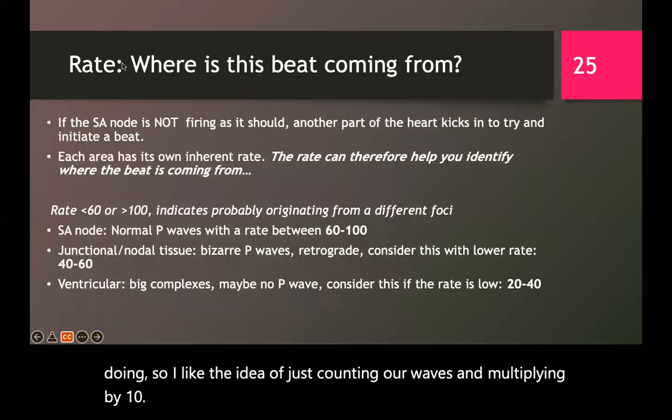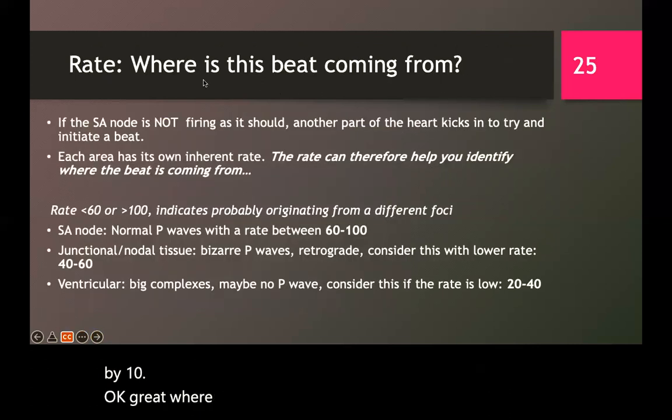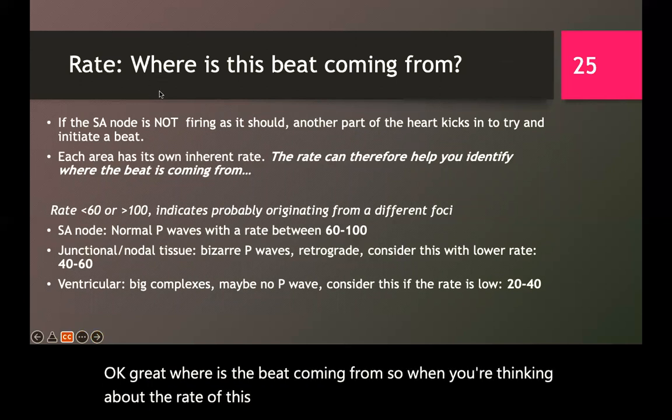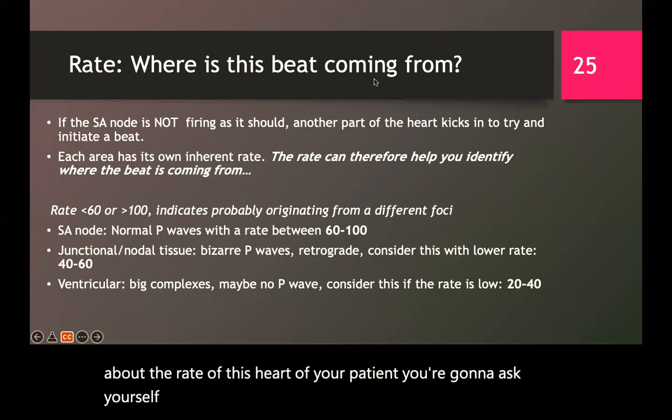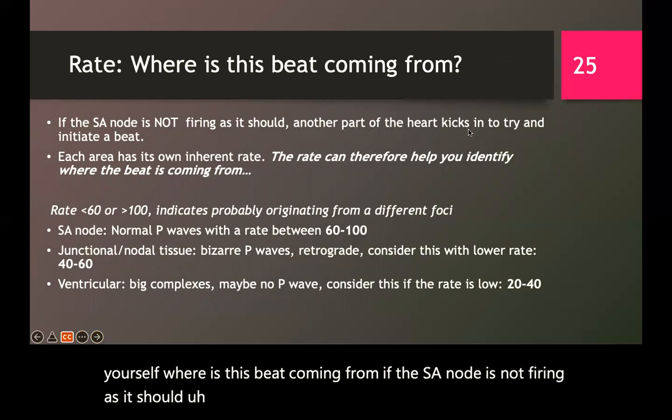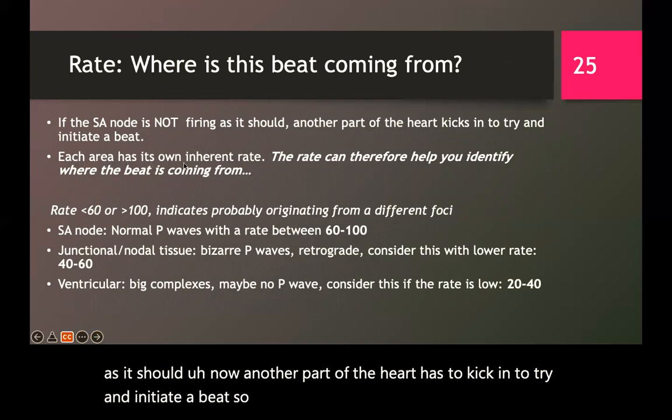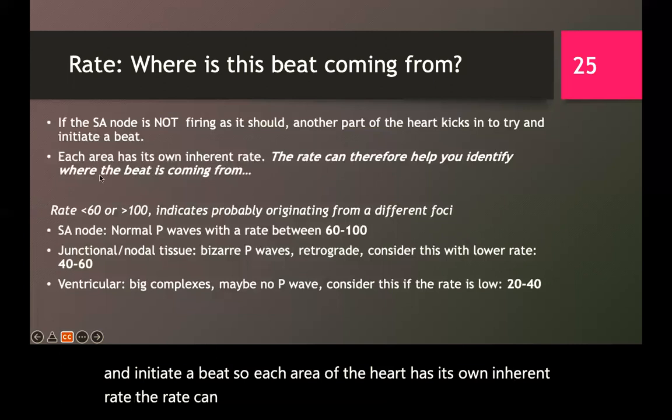Okay, rate. Where is the beat coming from? So when you're thinking about the rate of your patient's heart, you're going to ask yourself, where is this beat coming from? If the SA node is not firing as it should, another part of the heart has to kick in to try and initiate a beat. So each area of the heart has its own inherent rate. The rate can therefore help you identify where the beat is coming from.